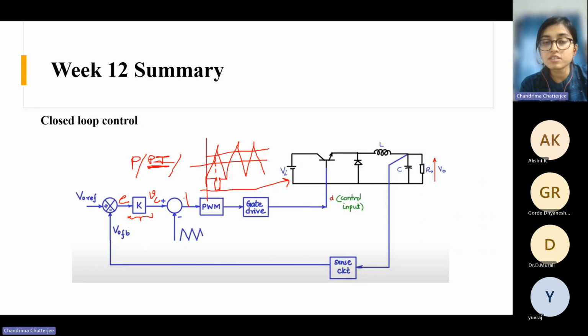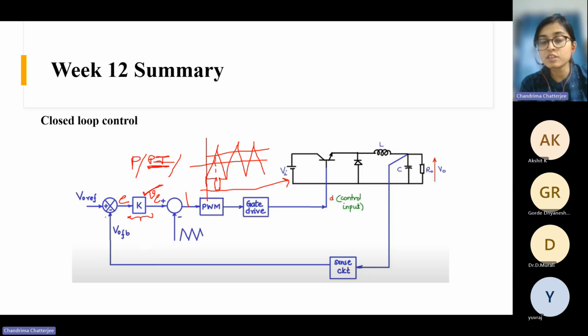See, the main information will be this control signal. And this carrier signal is basically a recurring signal. So whatever control voltage is produced, that is your main signal. Based on the controller action, you will get this control output, right?